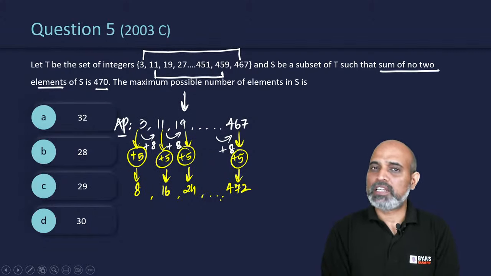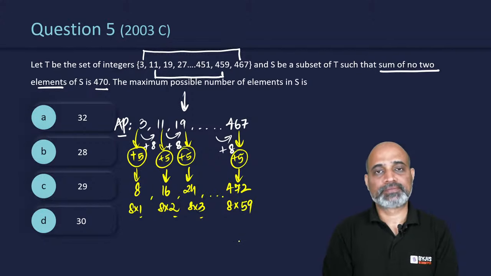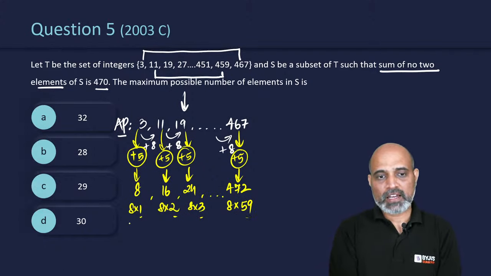These are nothing but the numbers in the table of 8. This one is 8 into 1, this one is 8 into 2, this one is 8 into 3. 472 is going to be 8 into 59. Okay? So can I say there are a total of 59 numbers?